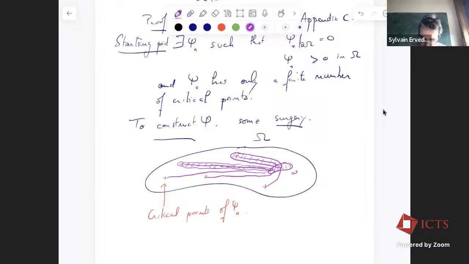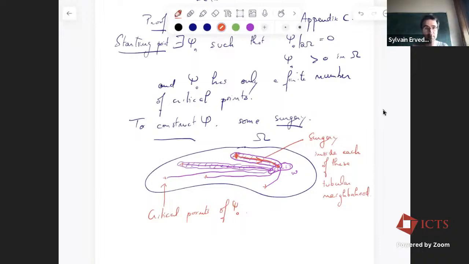And then on this tubular neighborhood, you will change psi naught by leading the critical points from here to the domain. So, okay, so you have surgery inside each of these neighborhoods. So it's not very difficult, in fact, to see how it works.